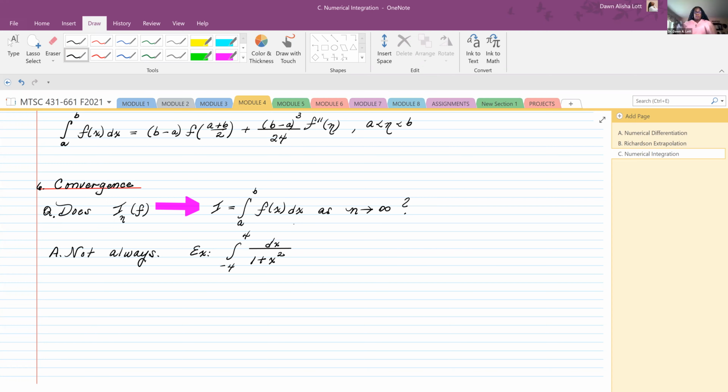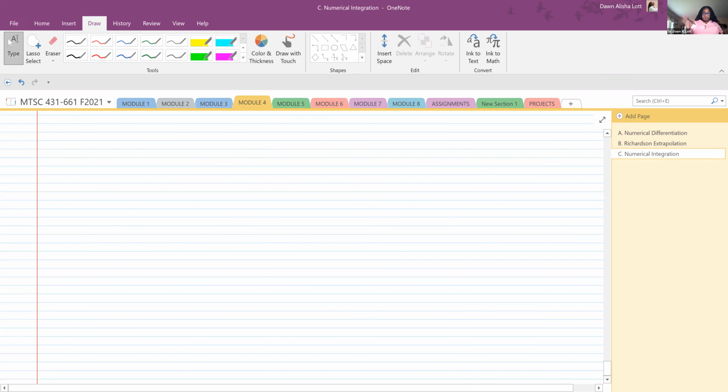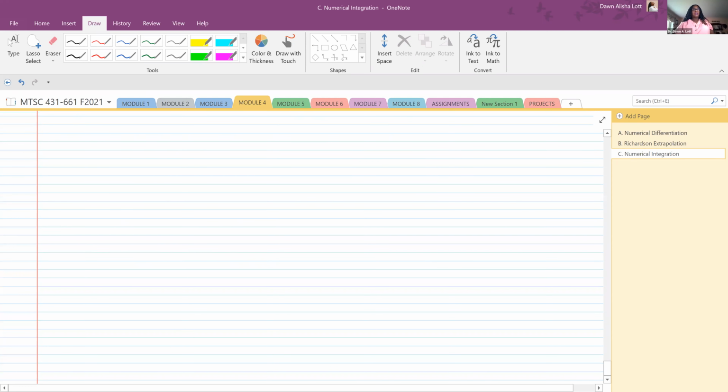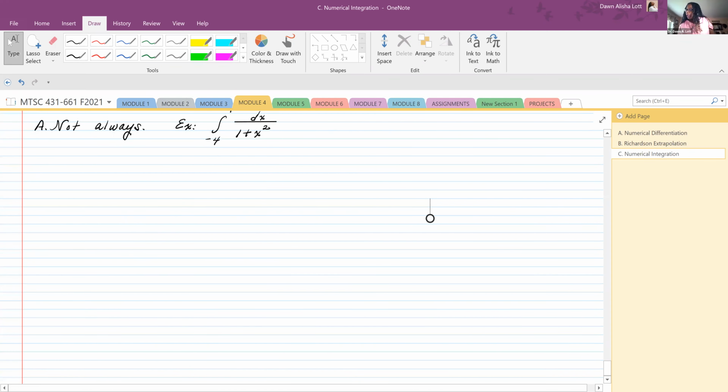And so what happens if you divide this thing into several intervals? So now we're going to do the composite quadrature rule.